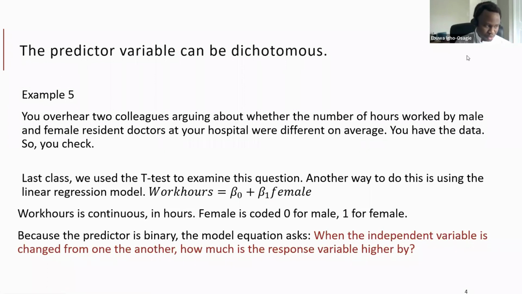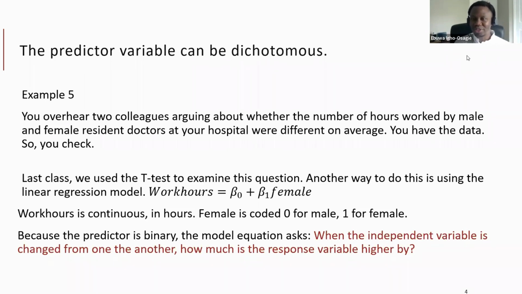You're predicting the outcome, and we were using this example of whether the number of years you've served as a resident is a predictor of how many hours per week you worked.